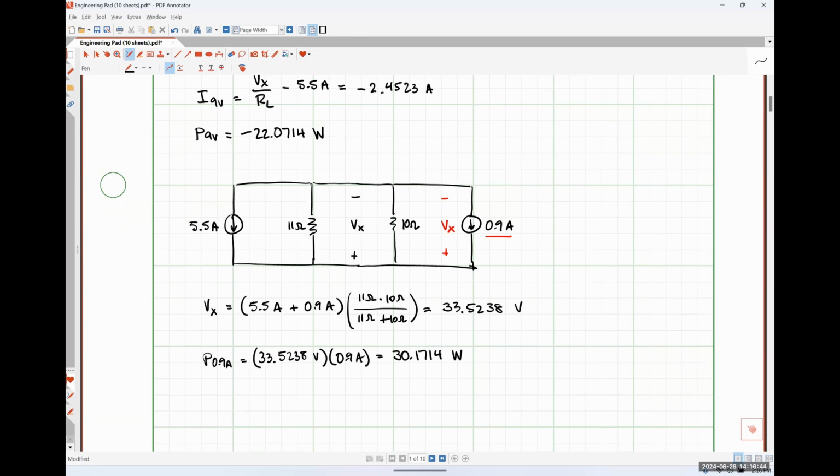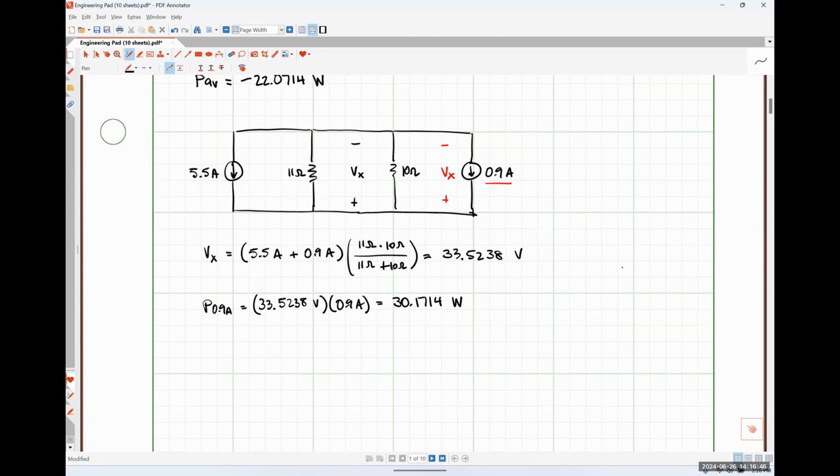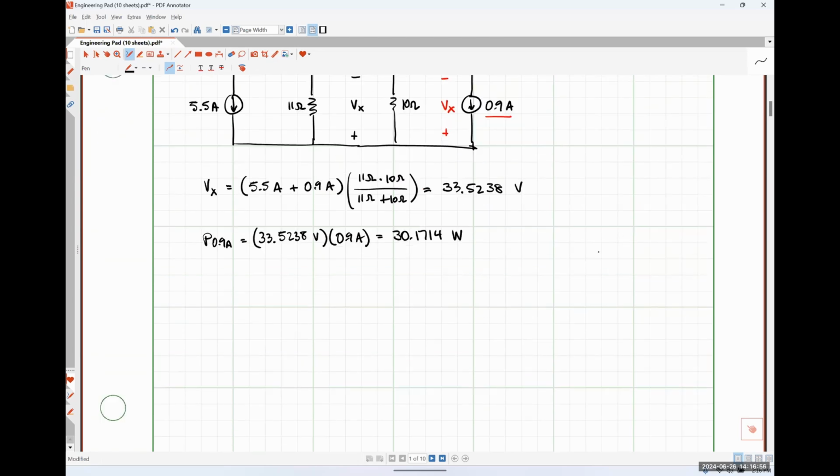So now that we have this, we're looking for part C. What value of RL will absorb the maximum power, and what is the value of that power? So let's use our circuit from part B. We've got a 5.5 amp source, direction down.